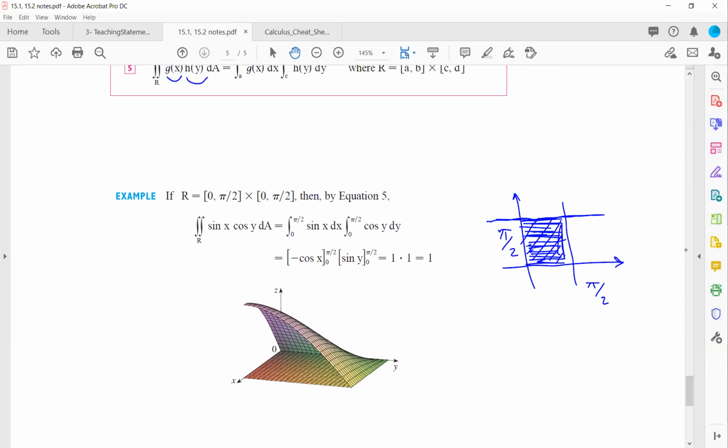Then you can separate these two integrals, then multiply the outcomes. The integral of sine is minus cosine, then you plug in pi over 2, then you plug in 0. The integral of cosine y is sine y, then you plug in pi over 2, then plug in 0, which is equal to 1 times 1, which is 1.